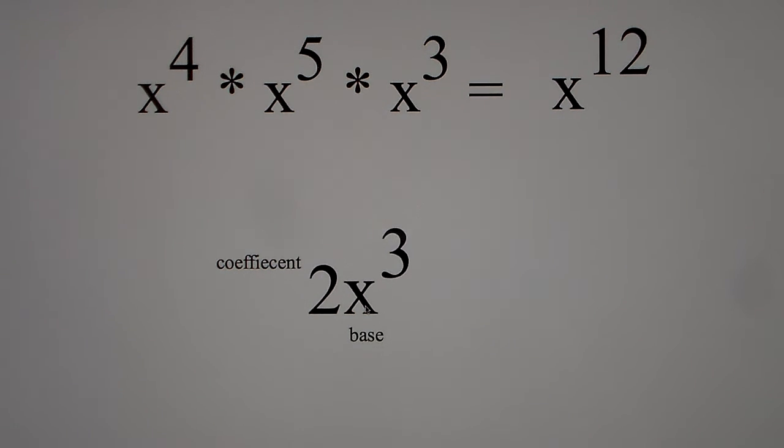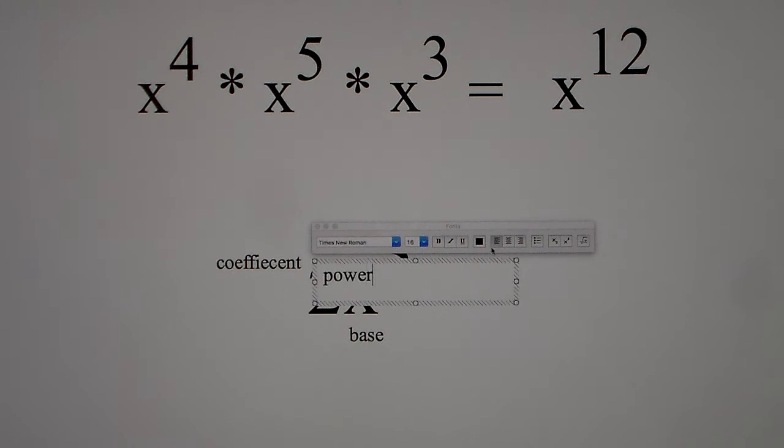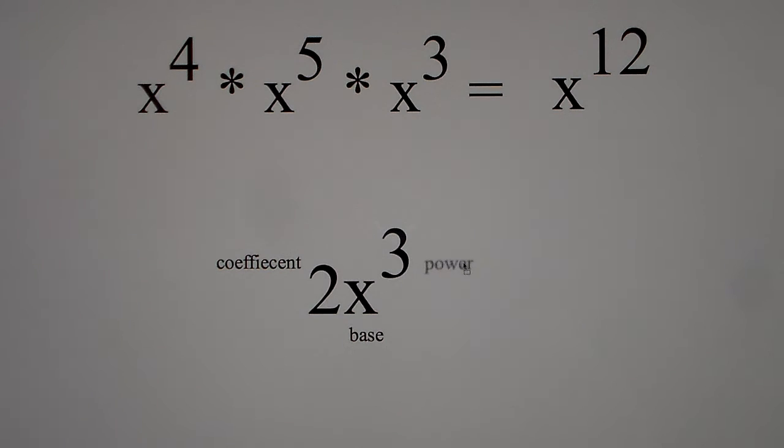So in this case, our x is the base. And 3 is called our power. So that's the vocab words. The coefficient is the sign and number in front of the base. The base is the bottom of your exponent. And then 3 is the power.